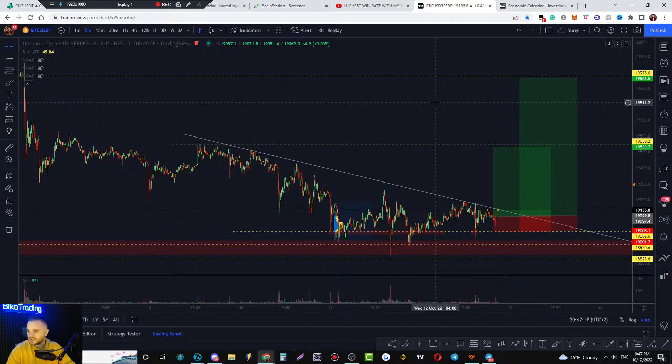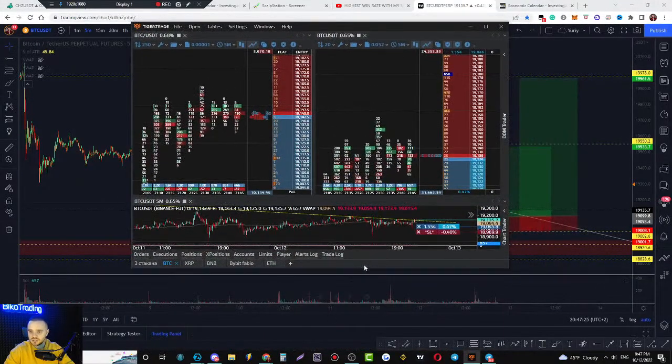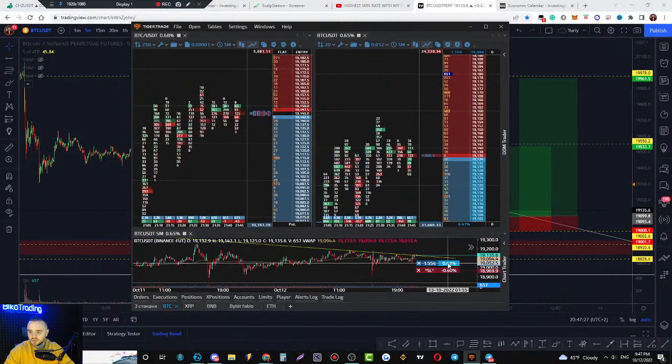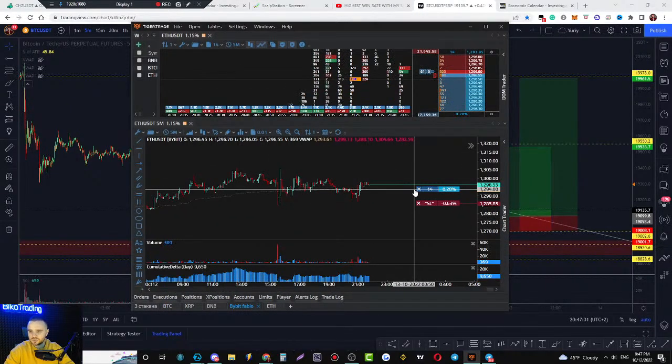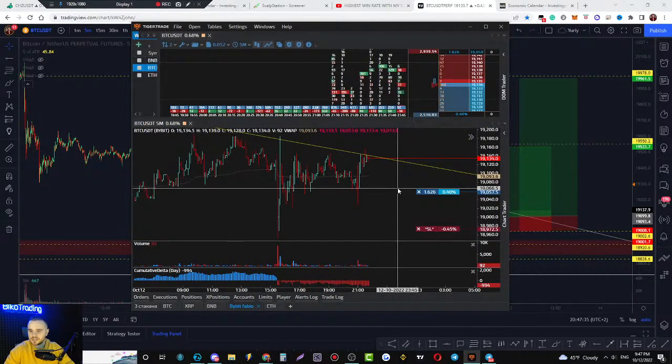Trade with real money on the table. Man, real money on the table. What about this BTC trade, huh? BTC trade. Another ETH trade. And another BTC trade.